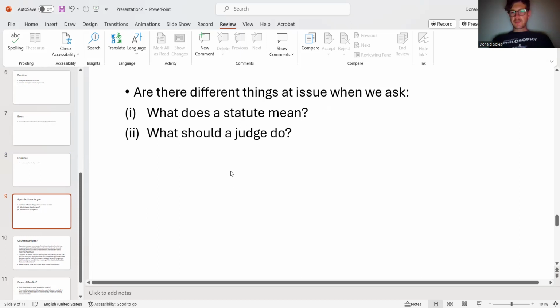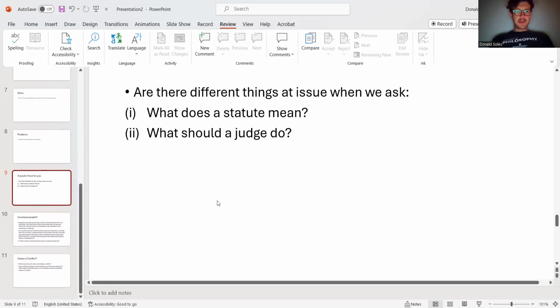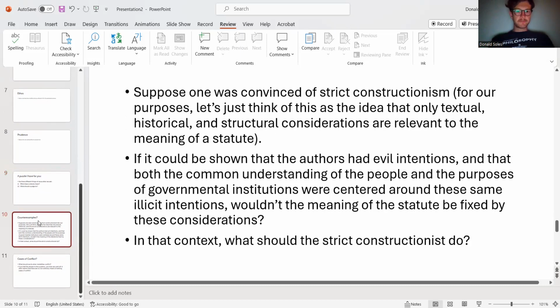Won't those decisions always be arbitrary? So I think that there are tricky questions that we'll have to confront in this class. Some of them, though, you might more neatly distinguish by drawing a distinction between the meaning of a statute and thinking about what a judge should do.